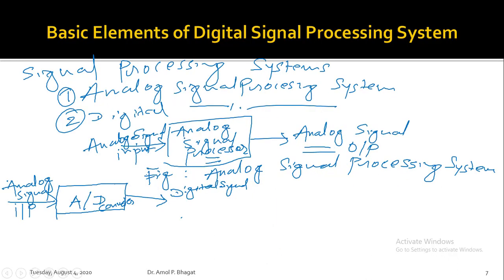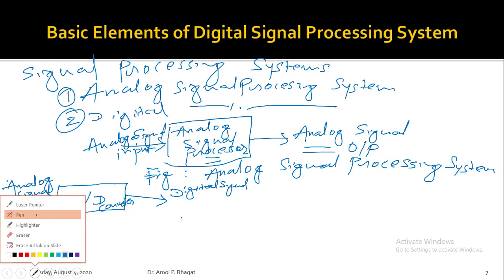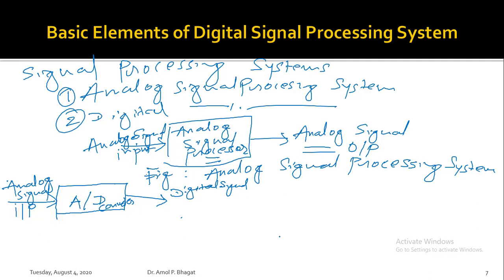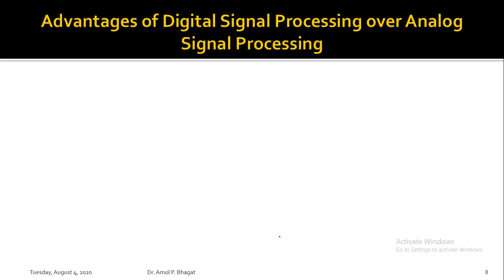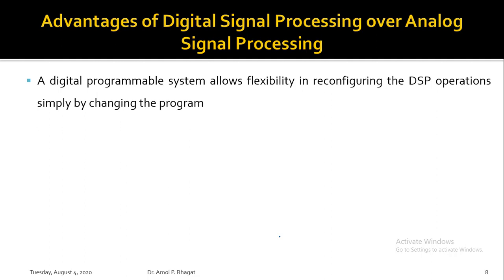Next we will be looking at the advantages and disadvantages of digital signal processing over analog signal processing. So what are the advantages? Basically, the finite difference methods, numerical integration methods, and numerical interpolation are methods developed to solve problems involving continuous variables and functions.